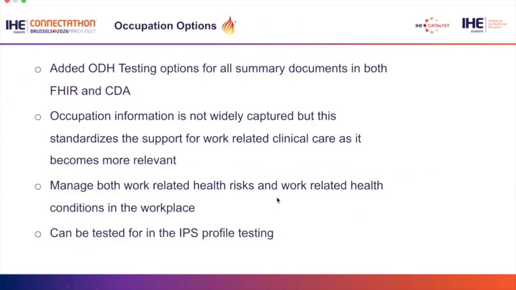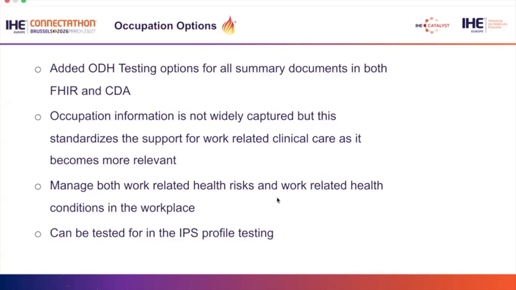Next slide, please. The first piece that we wanted to mention for our profiles and our testing is that we have occupation options. This refers to our occupational data for health testing options. We've added this as a testing option within all of our summary document profiles.